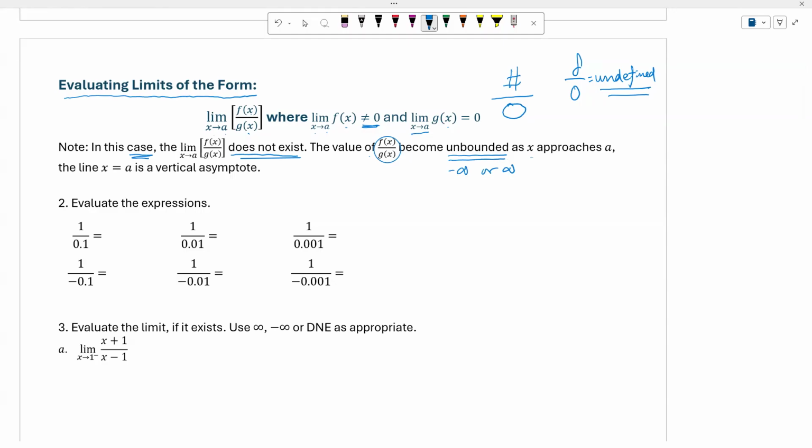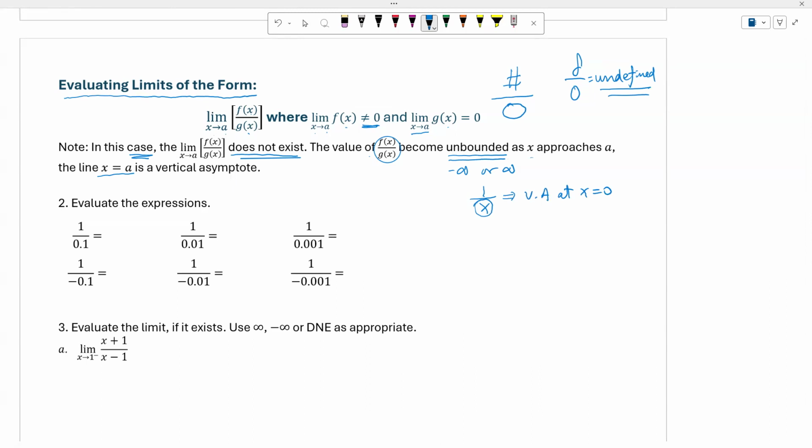Then in this case, the line x equal to a is a vertical asymptote. For example, if you have 1 over x, as x equals 0, the function is undefined, so we have a vertical asymptote at x equal to 0.